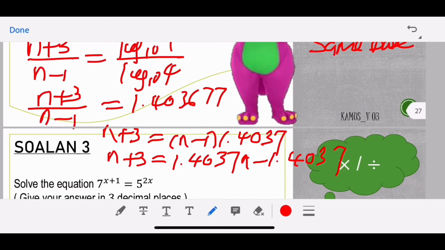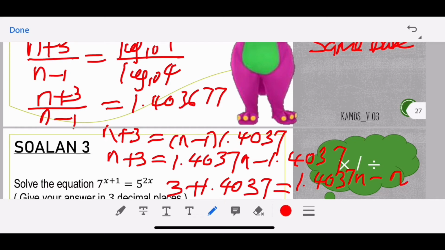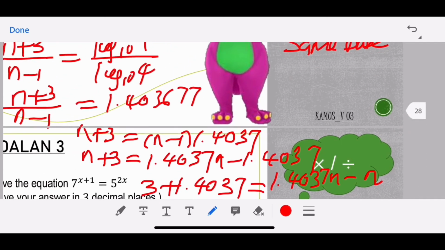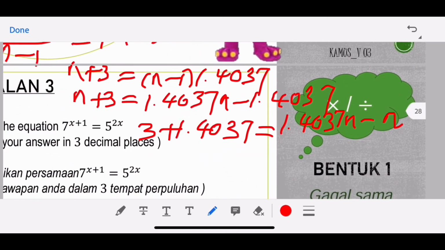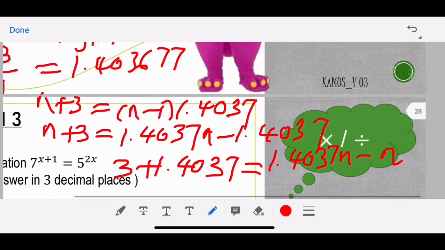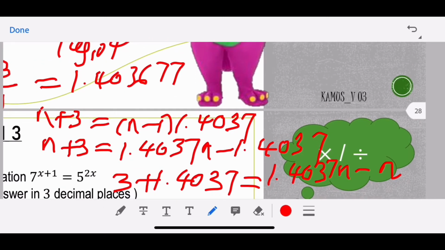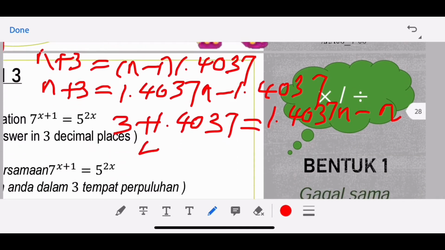And then for the n, you can take 1.4037n minus 1n, so it becomes 0.4037n, right? And the negative 1.4037 you bring to the other side, to the left, and you add. Yeah, so it's 3 plus 1.4037 equal to 0.4037n.